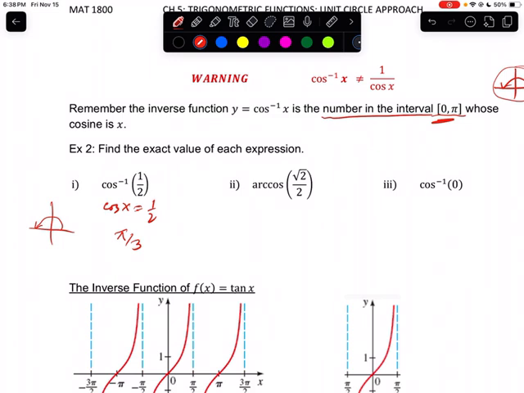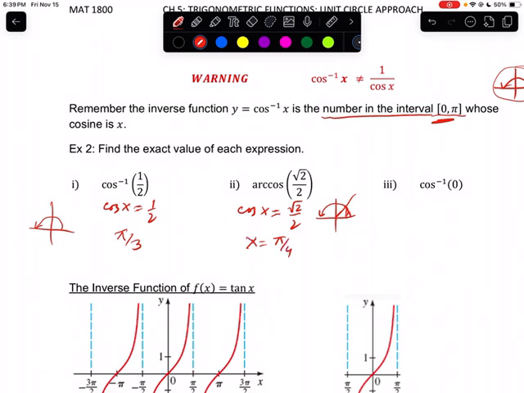So which means cosine of x equals square root of 2 over 2, and we are looking for that x value there. So since it is positive, it means it will be in the first quadrant, and what is that t value or the x value? That will be pi over 4.